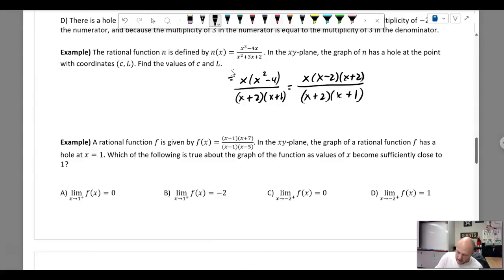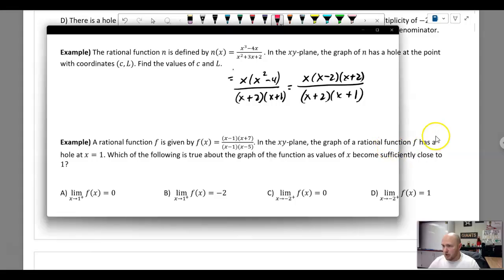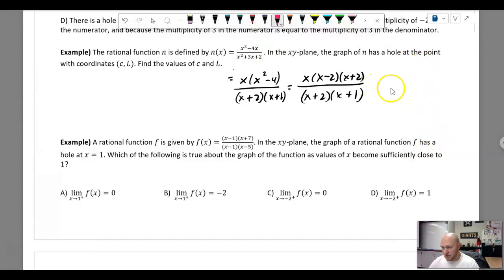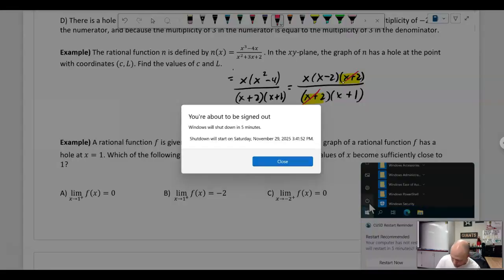Okay, so what you should notice about this, again, a hole is a shared factor. So it looks like I have an x plus 2 that is shared.